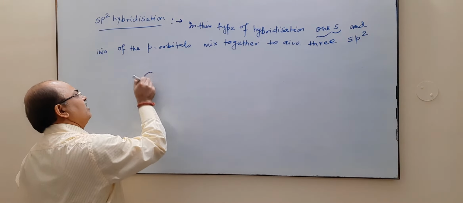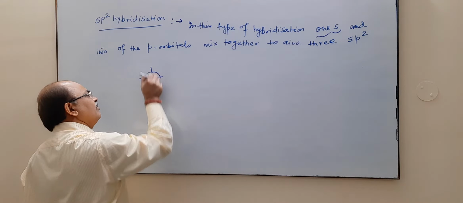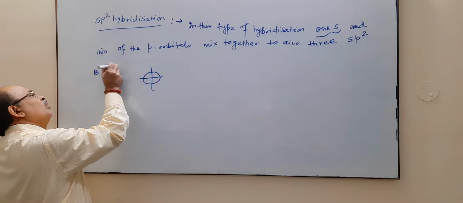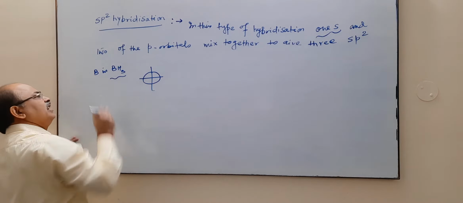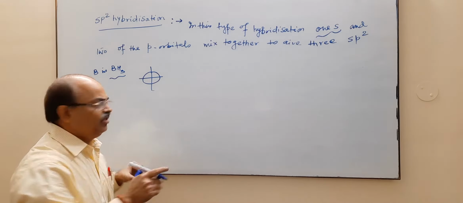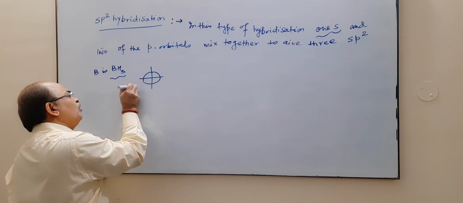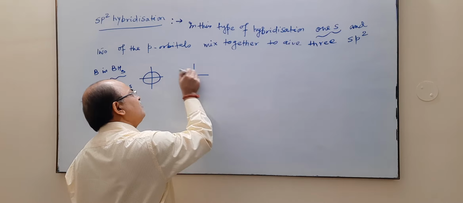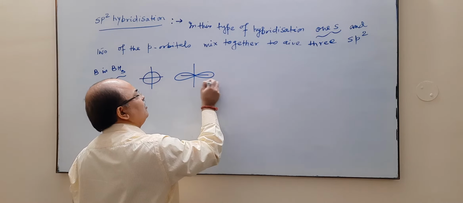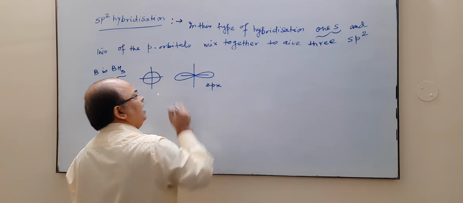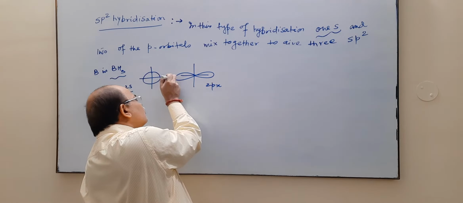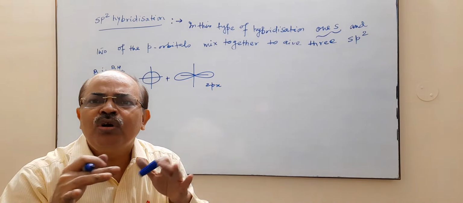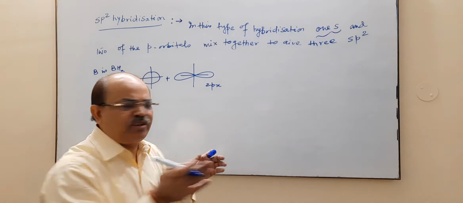You know the s orbital is of this shape. Say this is boron hydride, that is BH3. This is 2s orbital and this is 2p. Say this is 2px. So you can give a plus sign, plus means they are going to overlap, they are going to intermix.